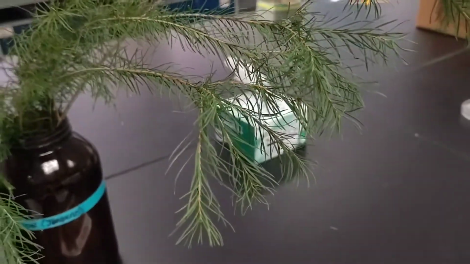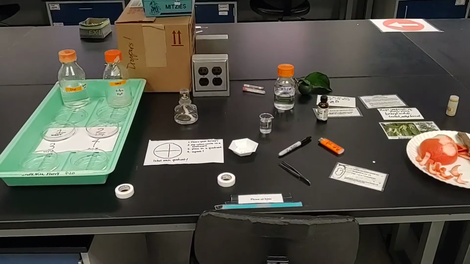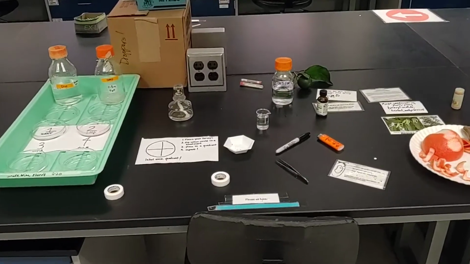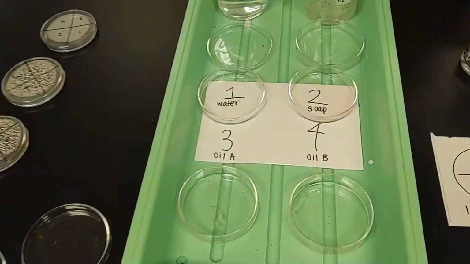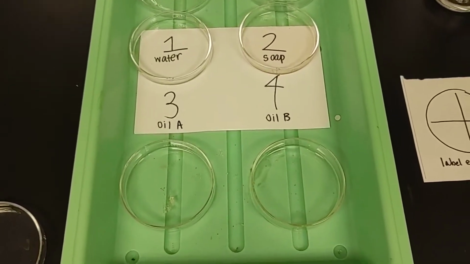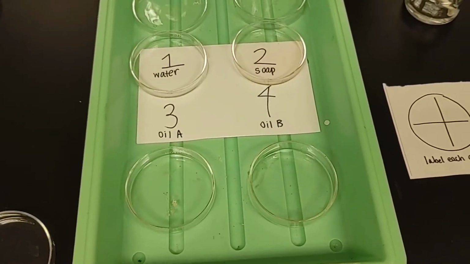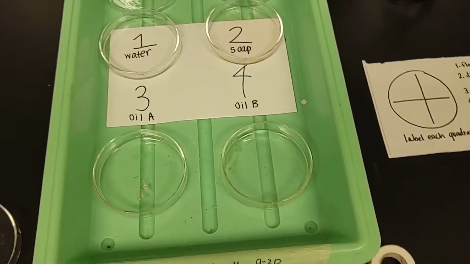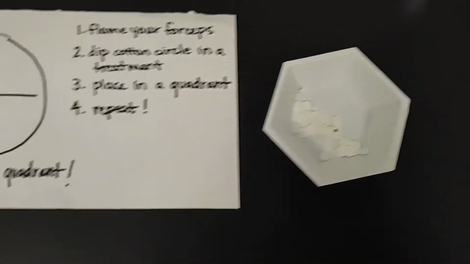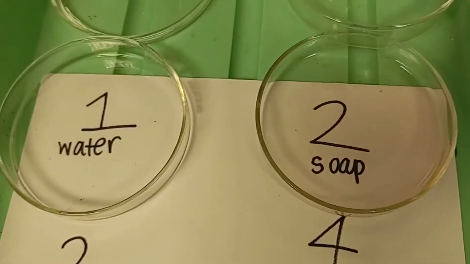All right. This station is the Kirby-Bauer assay, where we created a petri dish that had 4 different quadrants. Those different quadrants were water and soap as controls, and 2 different essential oils. A week from now, we're going to measure zones of bacterial inhibition around each of these paper discs that we have dipped in the oil or controls for the top 2.